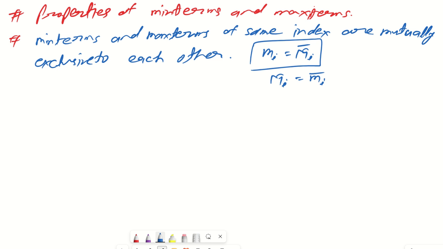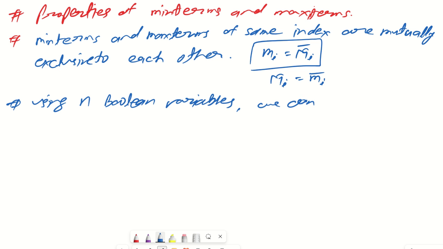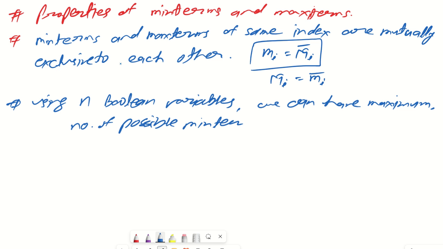Now using n Boolean variables, the number of possible min terms is equal to 2 to the power n.